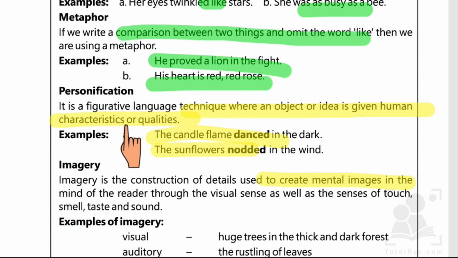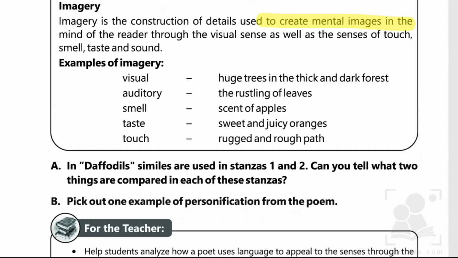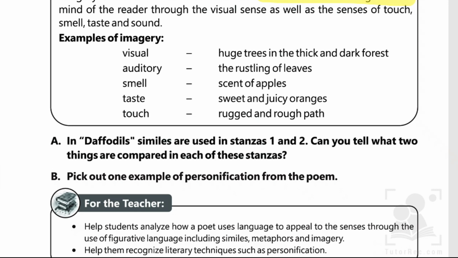We learned about personification, a technique where human characteristics or qualities are given to an object or idea, such as candle flame dancing, sunflowers nodding. Imagery is related to the mental image that should be created in the mind of the reader. The writer is supposed to use words such as huge, rustling, scent, sweet, juicy, rugged, and rough, so that the reader would be able to visualize the concept.